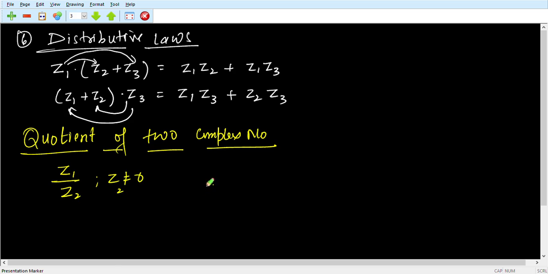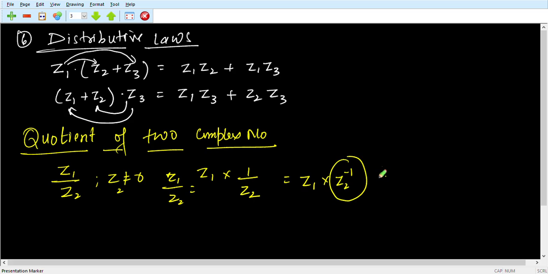Then in place of z1 upon z2, we can write z1 into 1 upon z2, or further z1 into z2 to the power minus 1. And we know that z2 inverse, the multiplicative inverse of z2, is the conjugate of z2 upon mod of z2 to the power 2.